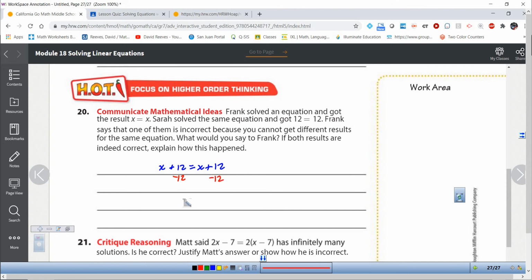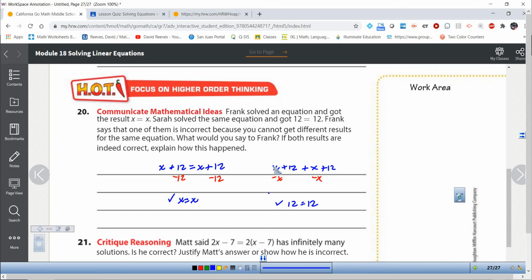I get x is equal to x. Kind of looks like what Frank got. If I write that same equation but this time subtract x from each side, I get 12 is equal to 12. Kind of looks like what Sarah got.